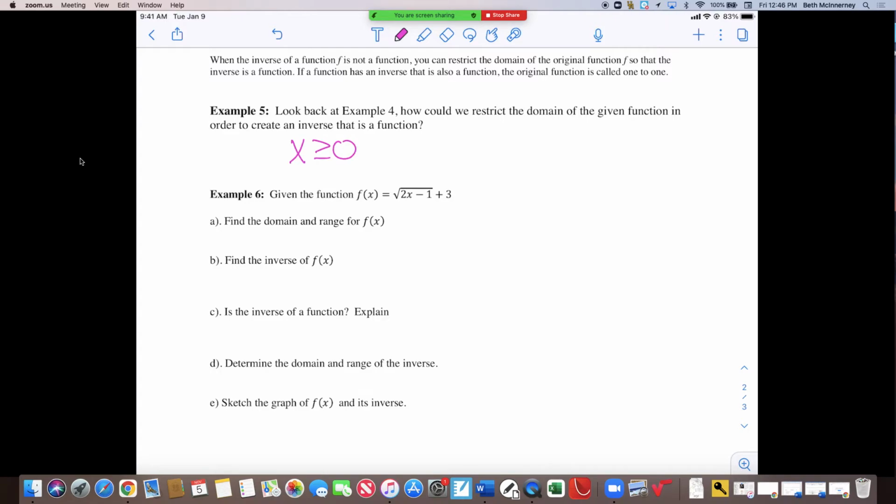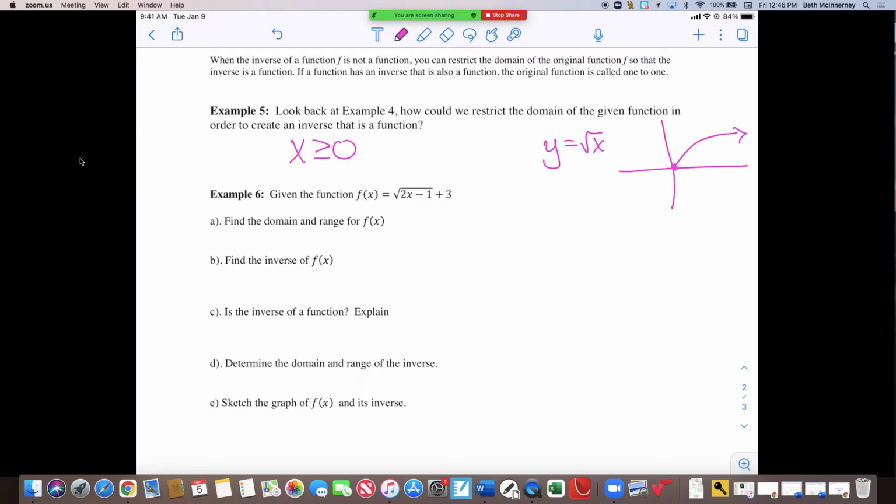So when I have the square root of 2x minus 1 plus 3, remember the parent function. If I have y equals the square root of x, my domain was x greater than or equal to 0, and my range was y greater than or equal to 0.